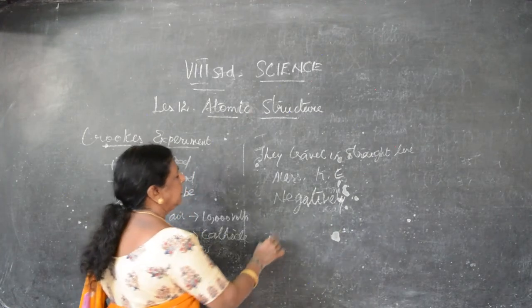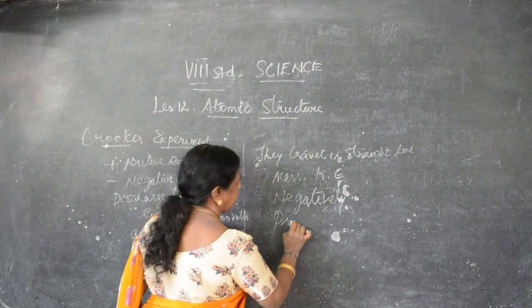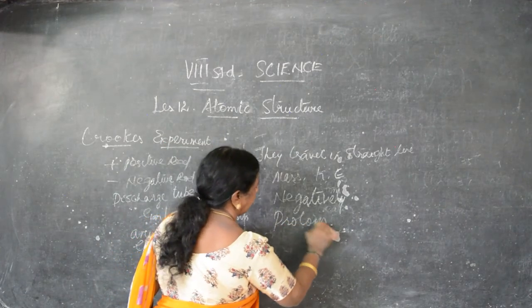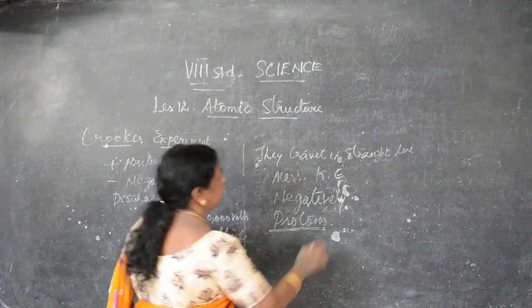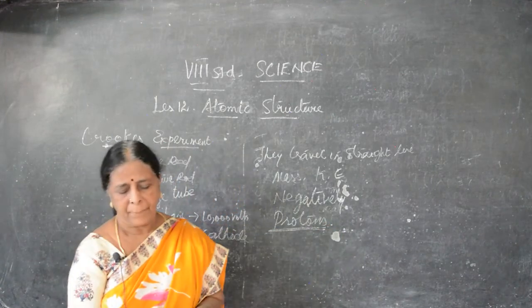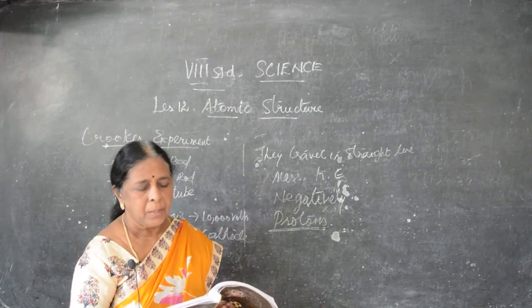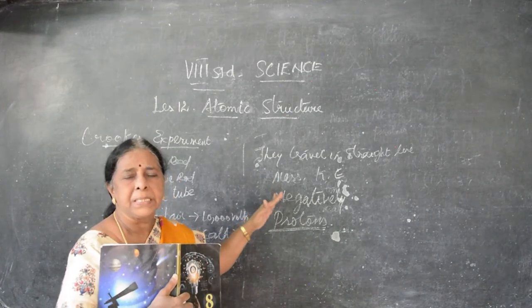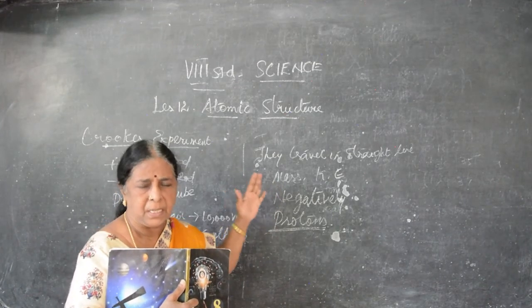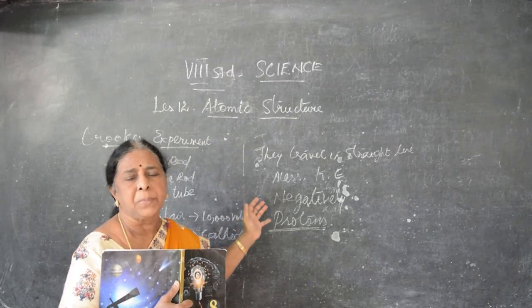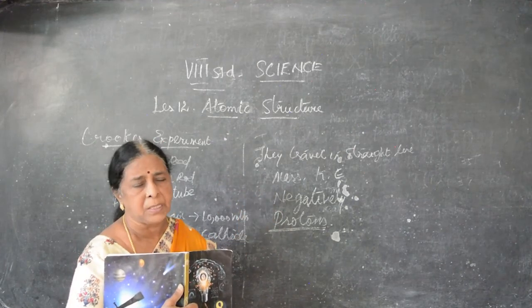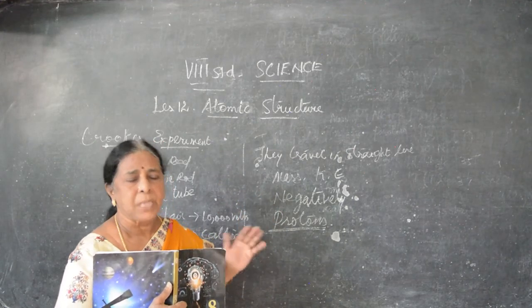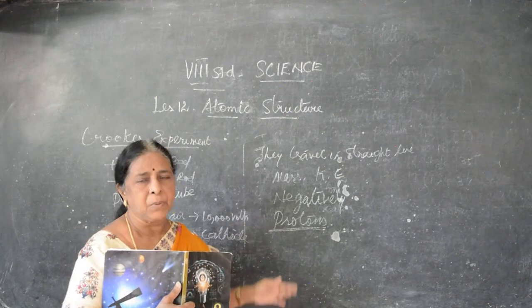First they found the electron, then they discovered protons. Next is the discovery of protons. An atom is always neutral, so if there are negatively charged particles, the same amount of positively charged particles must also be present in the atom. So another scientist came forward and found the protons.